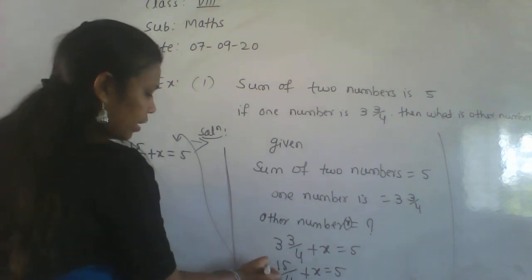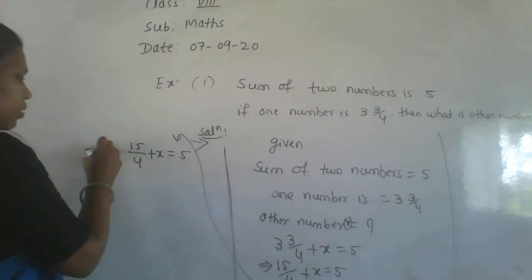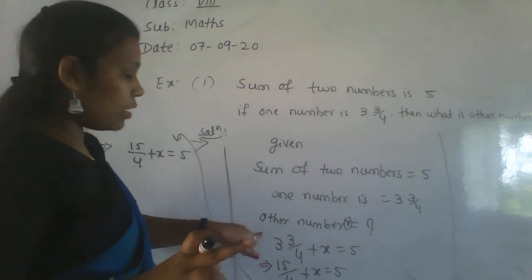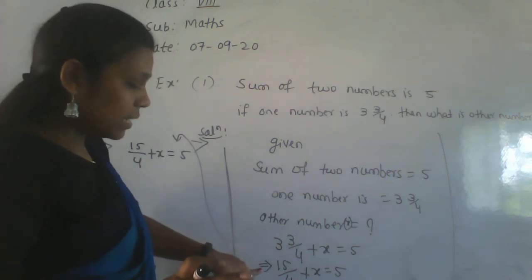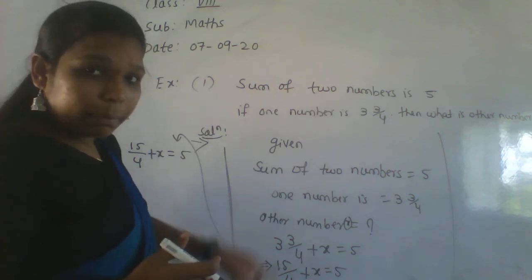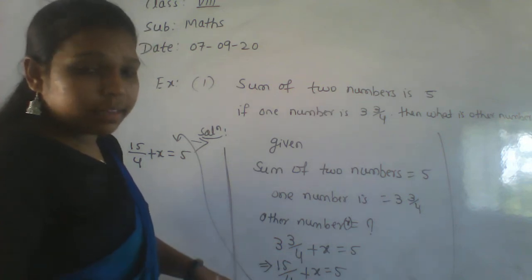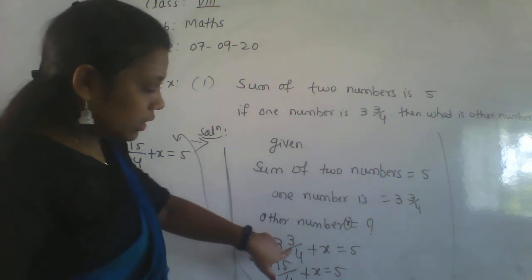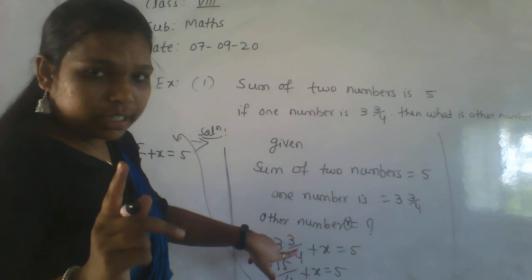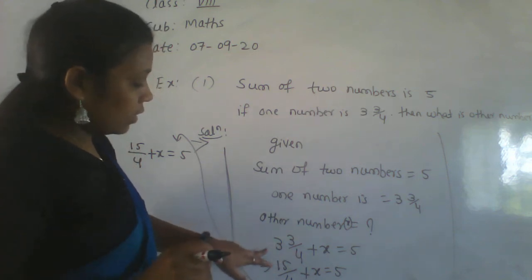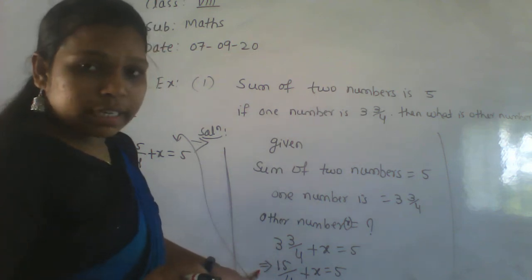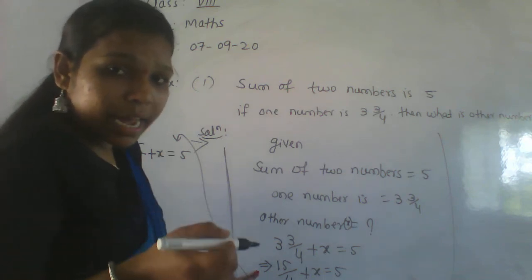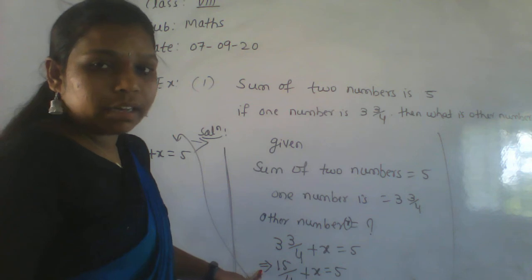You have to write here implies. Don't write it for the first equation. First equation, don't write this implies. First we have to write this equation, the first equation. After that we have to use implies. Instead of writing implies in words, we have to use this symbol here.